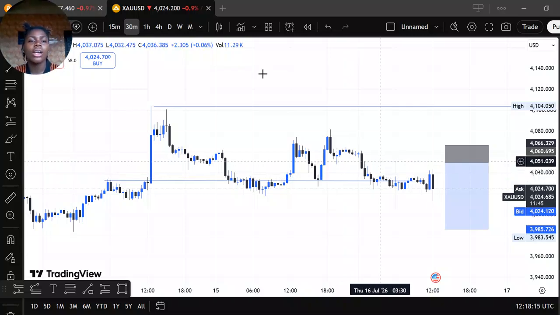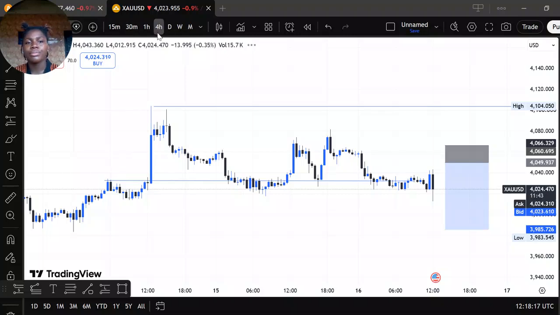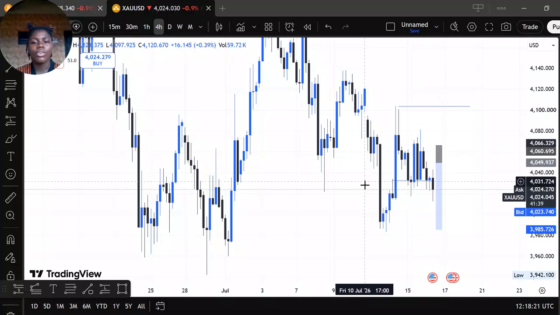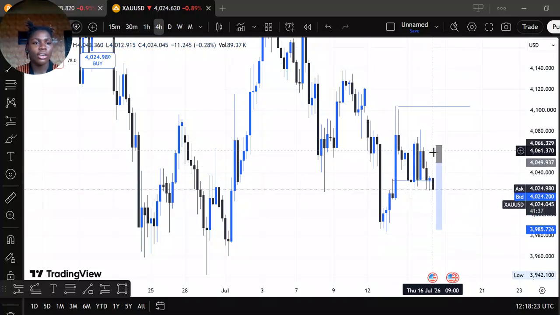So when you go to the higher time frame, let me show you something. When you go to the higher time frame, for instance, you can see all of this happening here. It's ranging, right? But on the lower time frame, a lot has happened, but it's ranging out here.